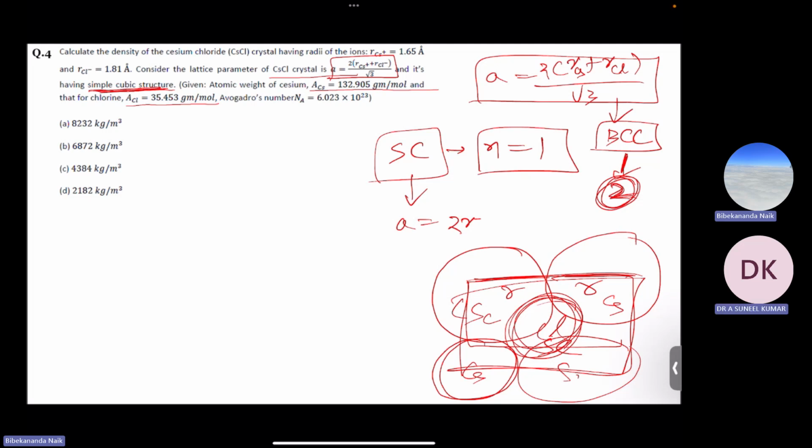So if we calculate it, the relation is density rho equals n M divided by Avogadro's number N_A and volume V. We will take n equals 1. M is also given: 132.905 plus 35.453.